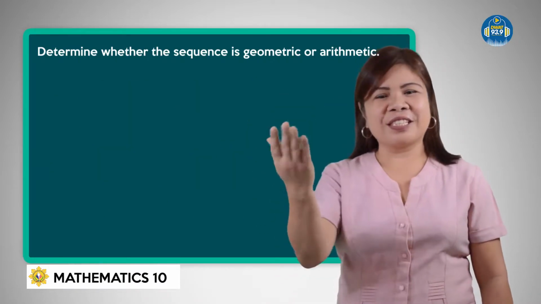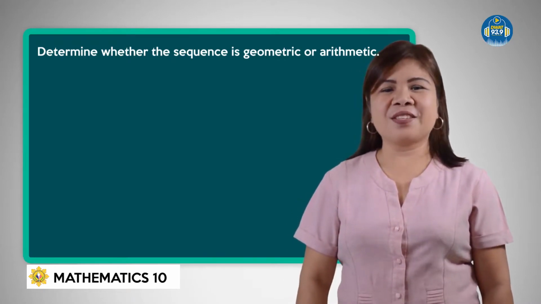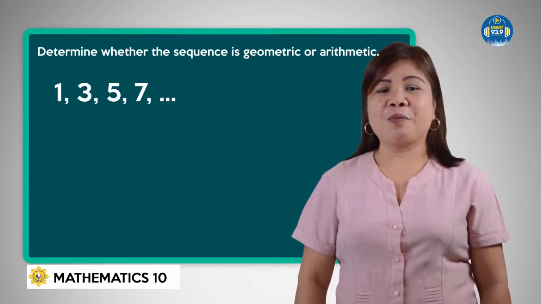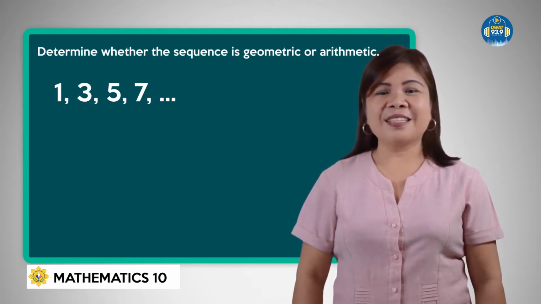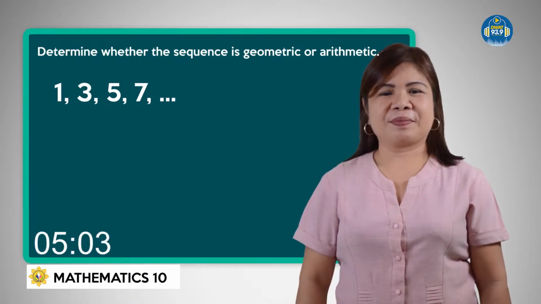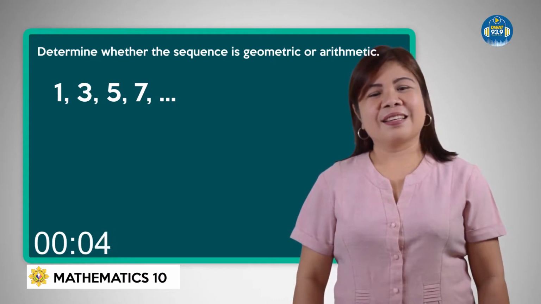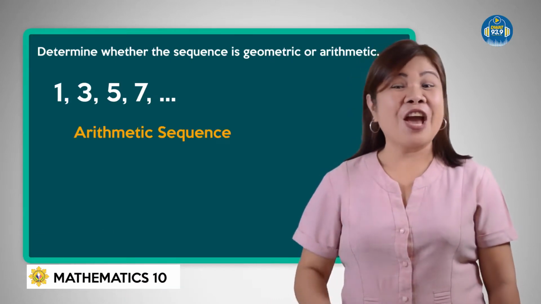Now, it's your turn to answer. Determine if the sequence is arithmetic or geometric. We have 1, 3, 5, 7, and so on. If your answer is arithmetic sequence, then you are correct.